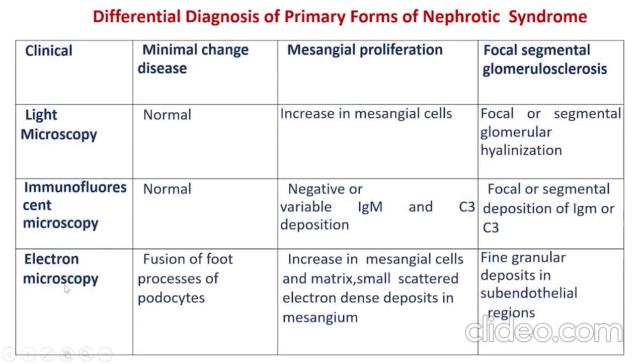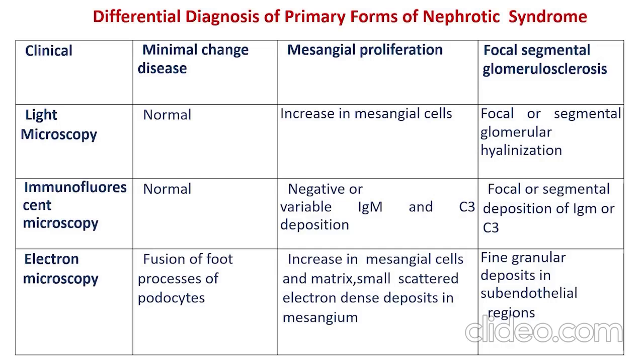In light microscopy, we can see no abnormalities in minimal change disease, increase in mesangial cells in case of mesangial type glomerulonephritis, and focal and segmental glomerular damage with hyalinization and sclerosis in the disease called focal segmental glomerulosclerosis. Immunofluorescent microscopy can give us IgM immunoglobulin deposits, complement deposits in mesangial proliferation, and also it is possible to see deposits in focal segmental glomerulosclerosis.